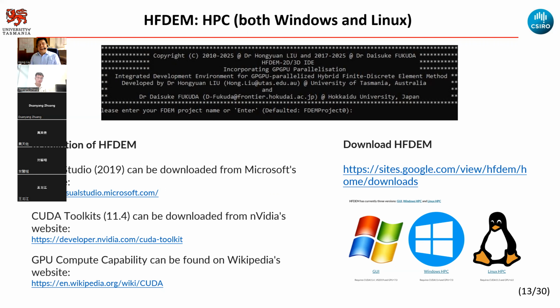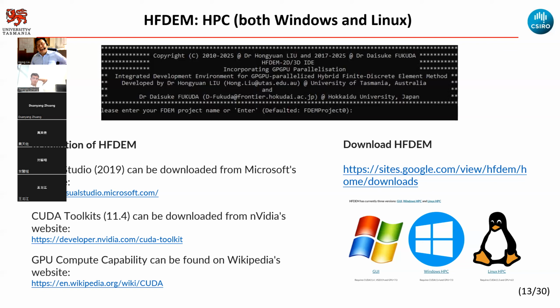Okay, so now let's come back to the practice and how we use HFDEM to model the dynamics of the Unix complex test. Here again we need to use the HPC version instead of the GUI version.